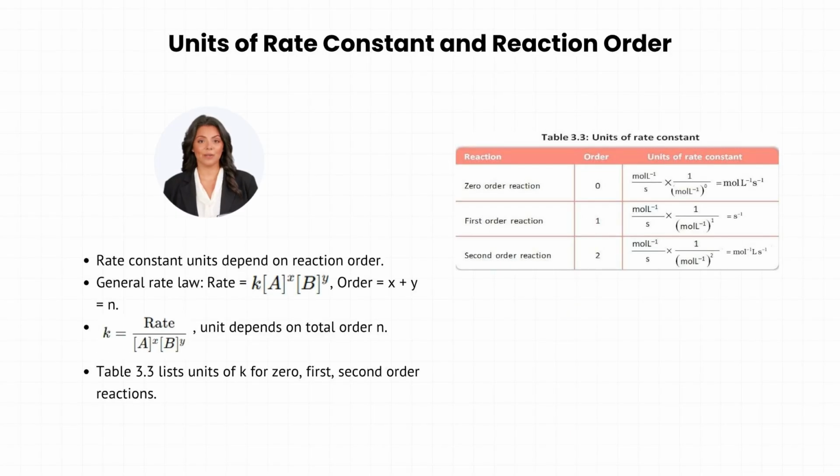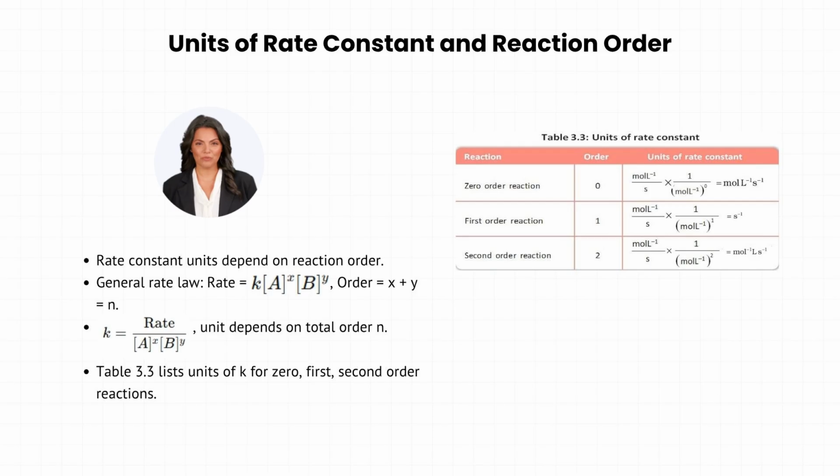Understanding the units of the rate constant k is crucial when working with reaction rates. The units depend on the overall reaction order, which is the sum of the powers of reactant concentrations in the rate law. Look at the formula. Rate equals k times concentration raised to the nth power. Rearranging gives k as rate divided by concentration to the order n, so units of k compensate accordingly.